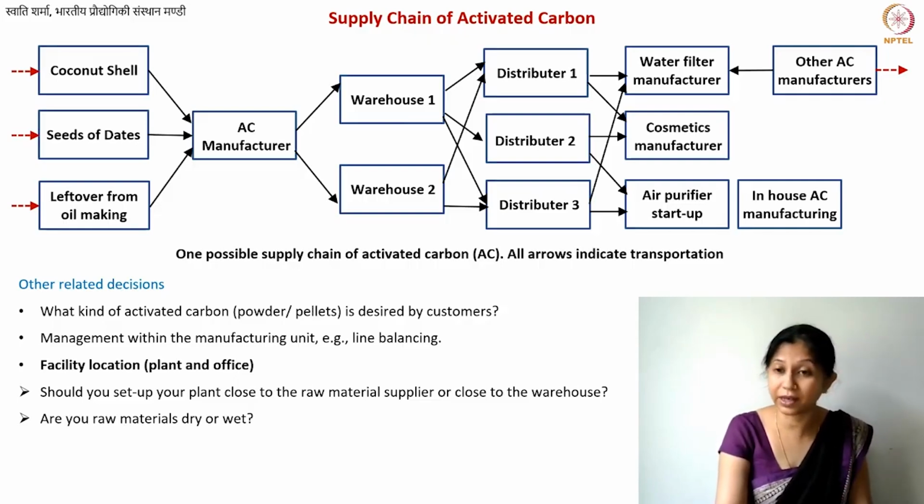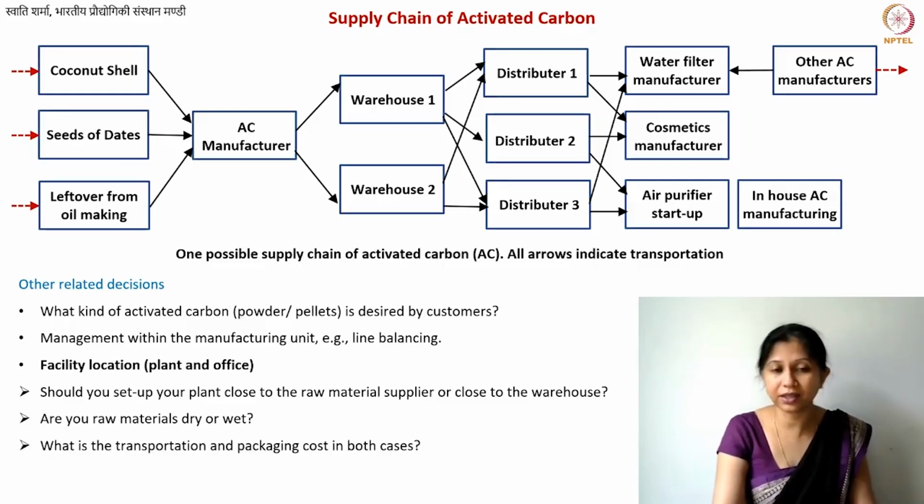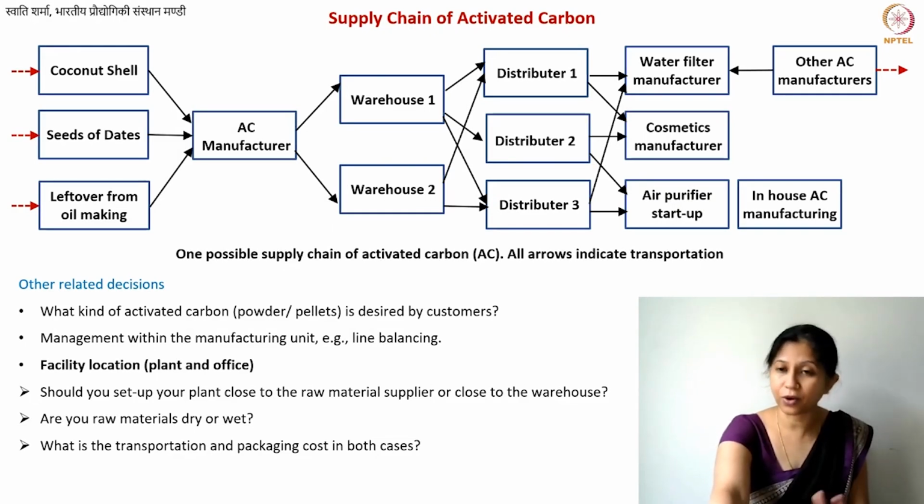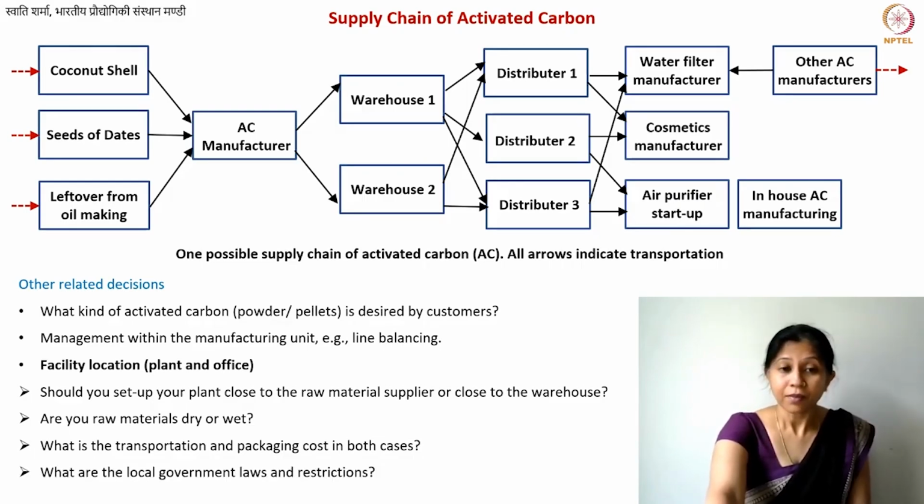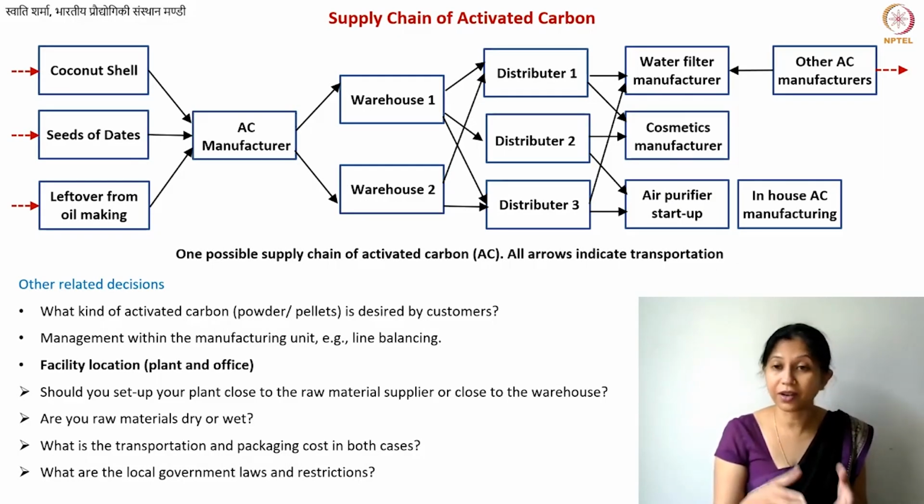But the raw material, if it is sensitive, or if it is wet, these are the decisions that you need to take accordingly and optimize. And of course, the cost of transportation and the availability of transportation become important. And at the end, the restrictions or the regulations of the local government.